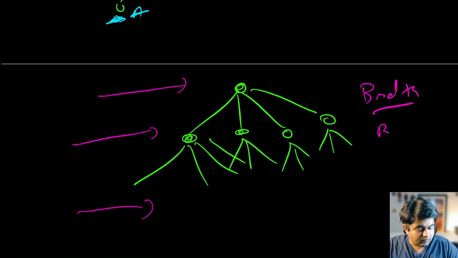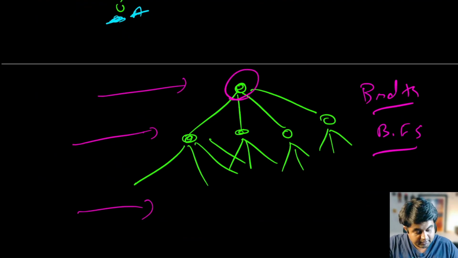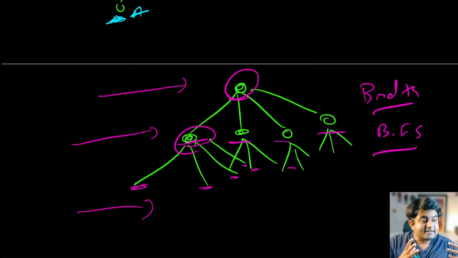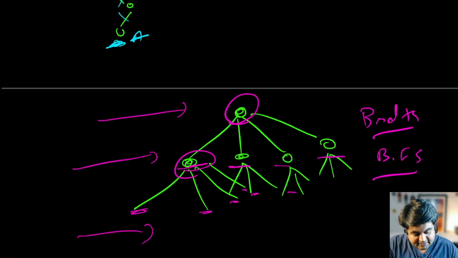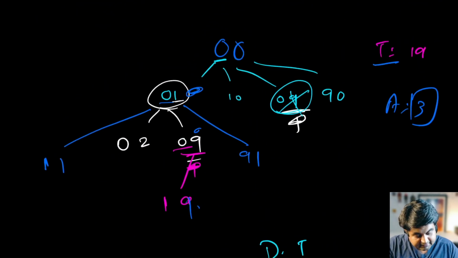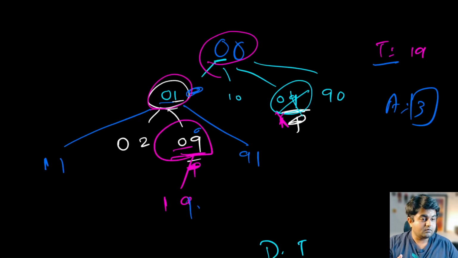So we are doing what we call BFS, or breadth first search traversal, where from one point we are exploring all of its neighbors, and then for each of the neighbors once again we are exploring all of its neighbors, and some neighbors can be interconnected. That's where we are seeing an example where this 0, 0 has a neighbor that is 0, 9, which is also a neighbor of this 0, 1, because once again it is connected.